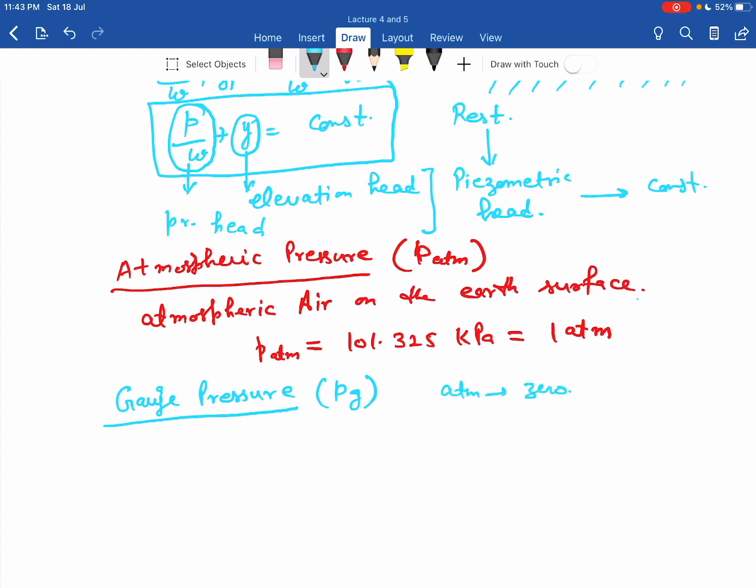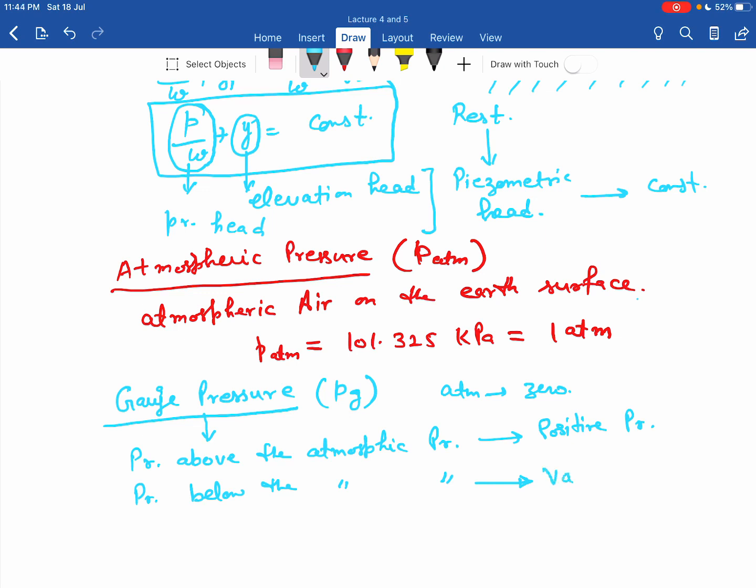So with the help of an instrument we measure the pressure which is above or below the atmospheric pressure. The gauge pressure is the pressure above the atmospheric pressure, or it may be the pressure below the atmospheric pressure. If pressure is above atmospheric, we call it positive pressure, and if pressure is below the atmospheric pressure, we call it vacuum.